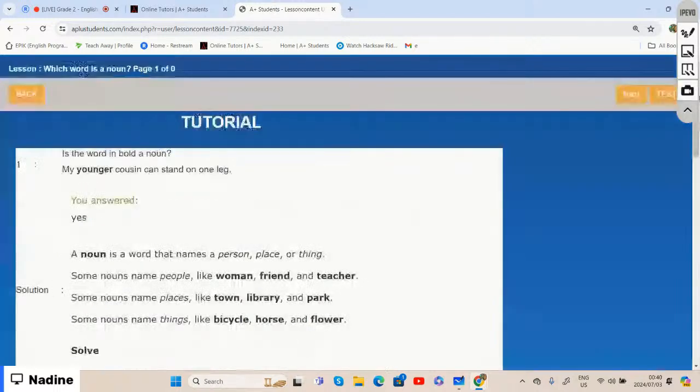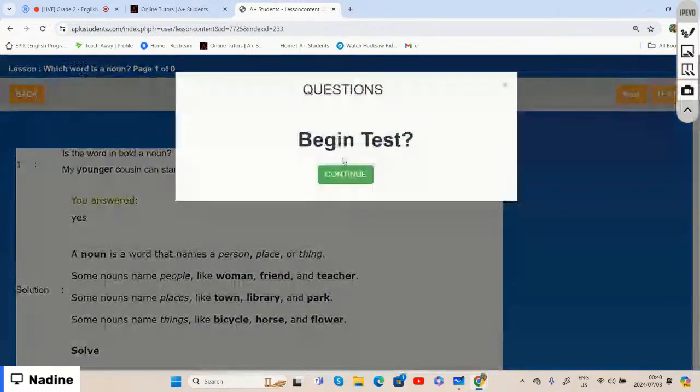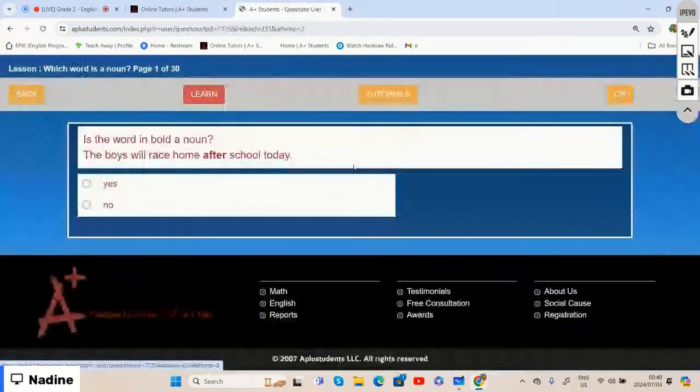All right, so now we're going to the test where we're going to say which word is a noun. It says, is the word in bold a noun? The word after. It says, the boys will race home after school today. Is this a noun?